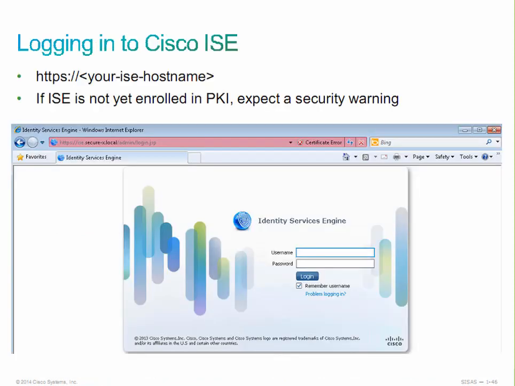All right. The GUI, the graphical user interface, is essentially the primary way that we configure and administer the ISE platform. You access the GUI using HTTPS, and of course, prior to logging into the GUI, you have to have the basic configuration settings.